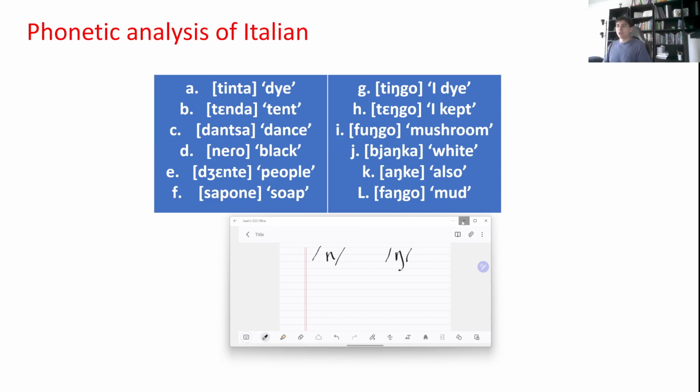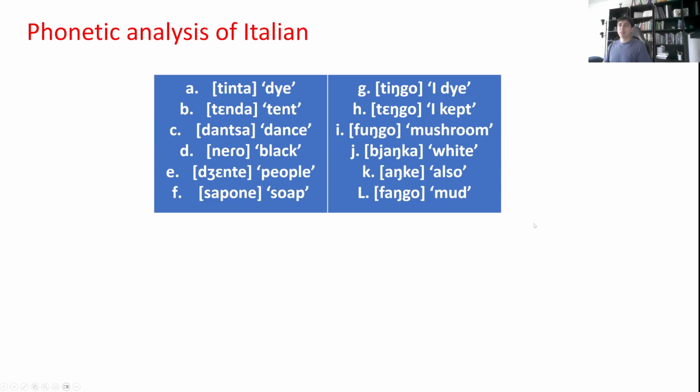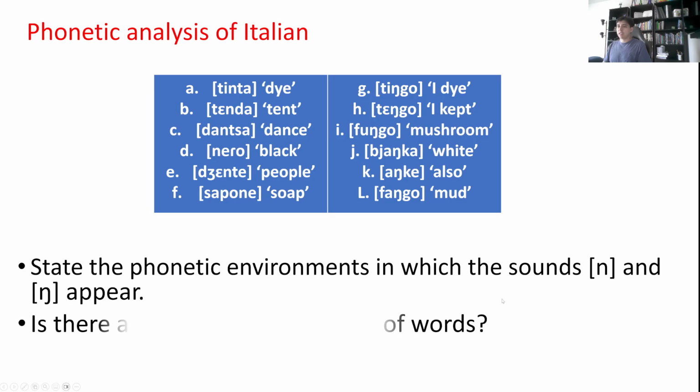Okay, so in this last part of the video, what I want you to do is to complete this exercise. First, you have to state the phonetic environments. So you are going to do an analysis. You're going to find these; probably it's going to be between vowels, before a specific consonant, or whatever.